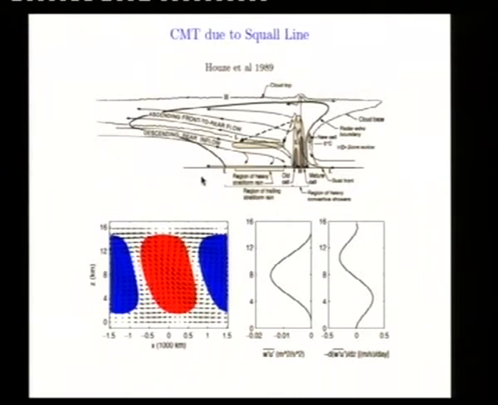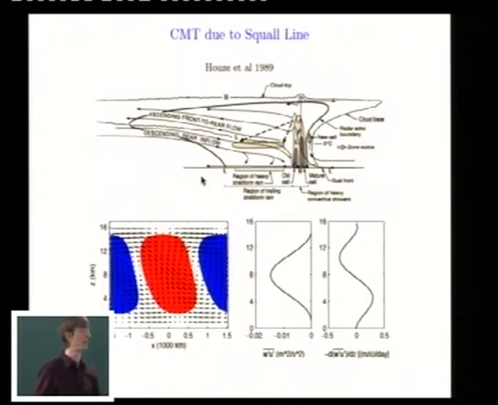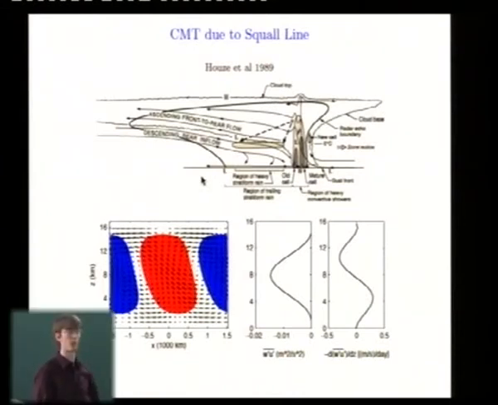Then if you take minus the derivative of that, you get the actual acceleration that would happen over the horizontal average of the domain. This is the momentum transport in this case. For an updraft tilted in this direction, you get acceleration of westerlies in the lower part of the troposphere.